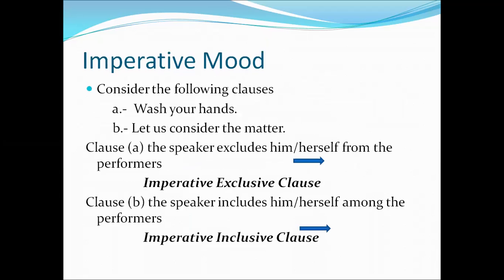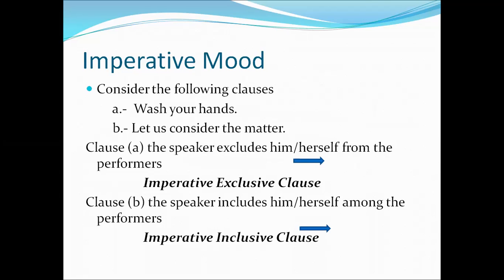So let's see. Wash your hands. Example of imperative mood. You can correspond this with imperative sentence. Wash your hands. Let's consider the matter. The same thing. In the clause one, or sentence one, the speaker excludes himself or herself from the performer or doer, you can say, right? So it is called imperative exclusive clause. But in case of B, let us consider the matter.